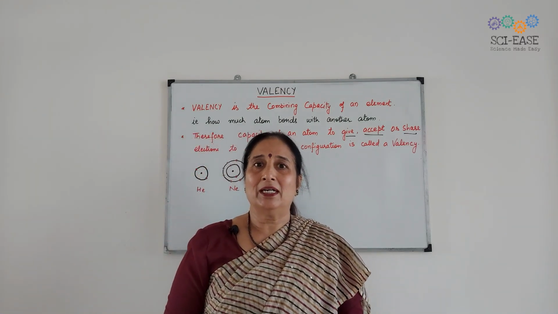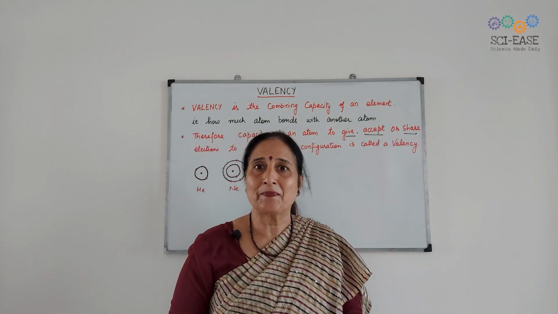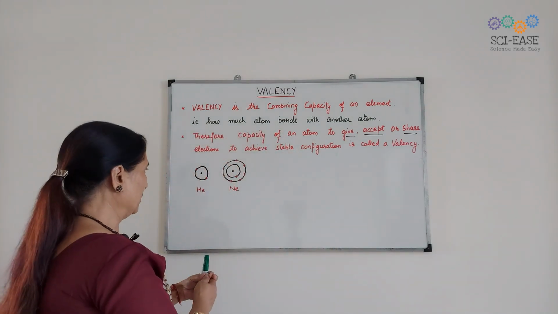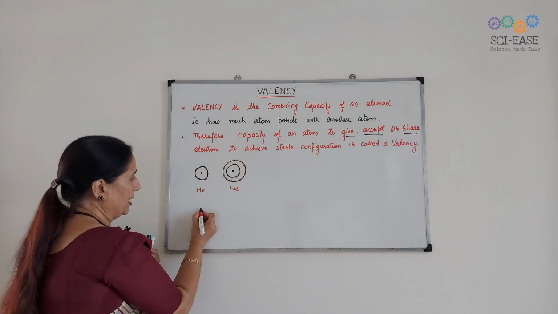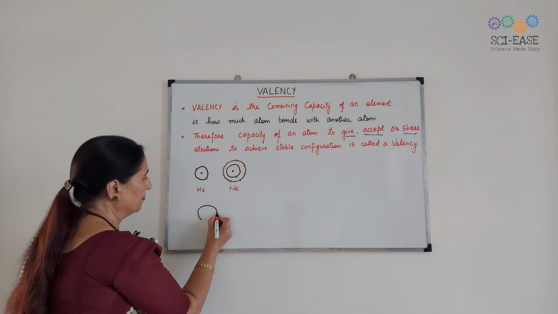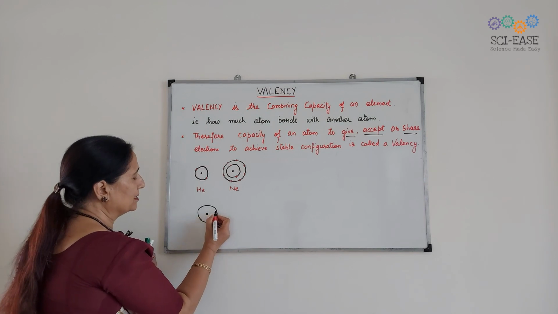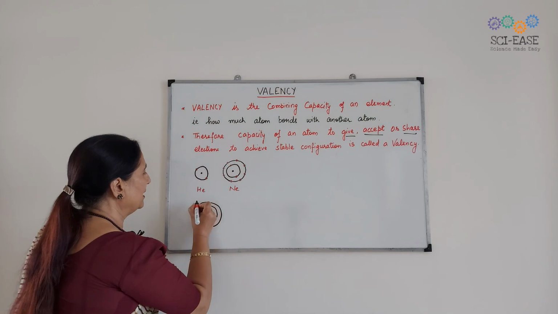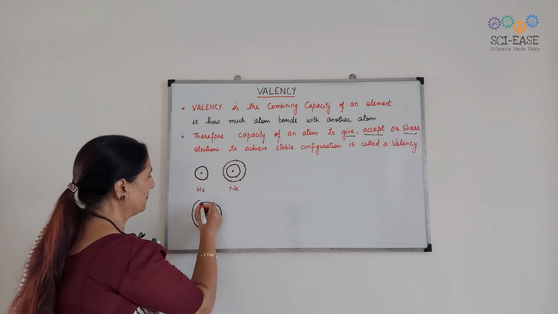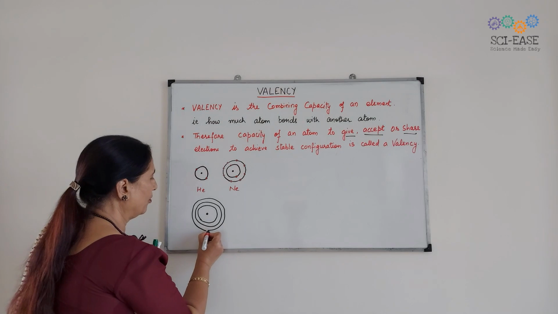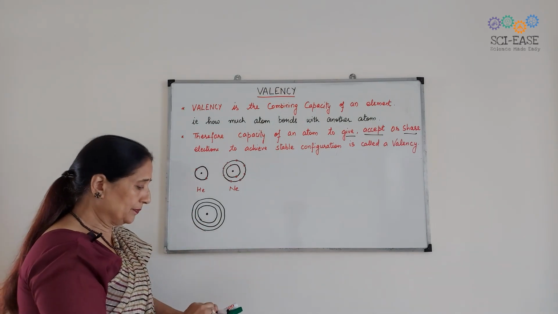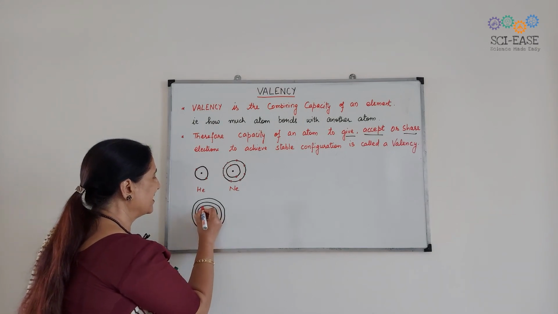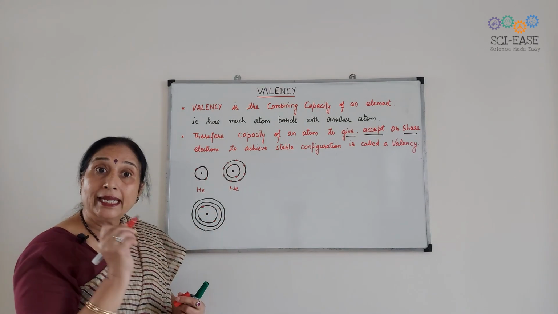Now I will take up some examples, like sodium. I will draw the structure of sodium. This is the nucleus, this is the first shell, this is the second shell, and this is the third shell. So, how many electrons? In the first shell, 2, because it has atomic number 11.